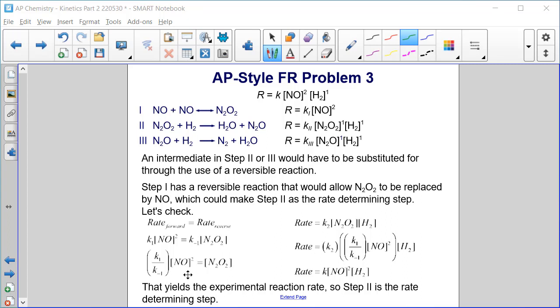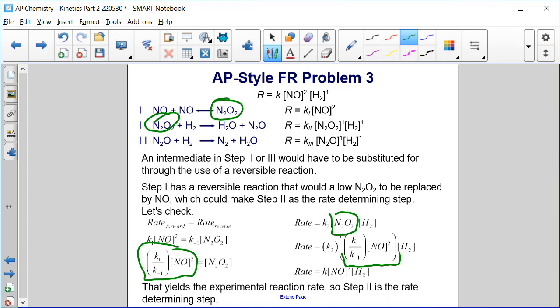Remember, I'm trying to substitute for this intermediate species. So I solve for that, and I have this ratio of the K values. Okay, so I'm going to take this whole thing and substitute it in place of N2O2 here.